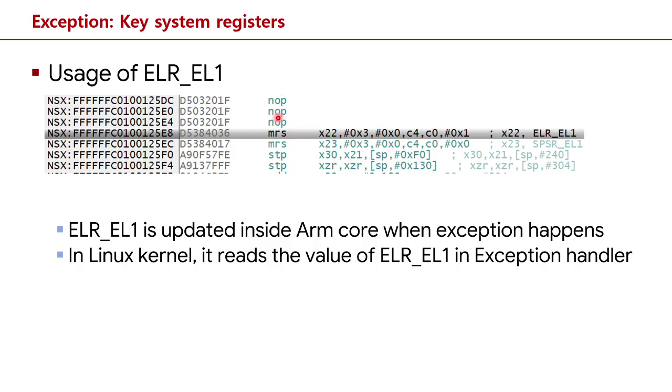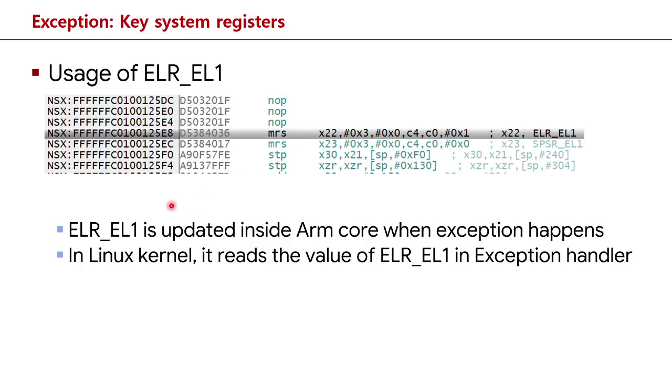This assembly routine is part of the exception handler. What I mean is that after the exception happened, the ARM core updates the value of the ELR_EL1 register. As you know, since this register holds the address of the exception, the value of this register is mainly read and checked in the exception handler.